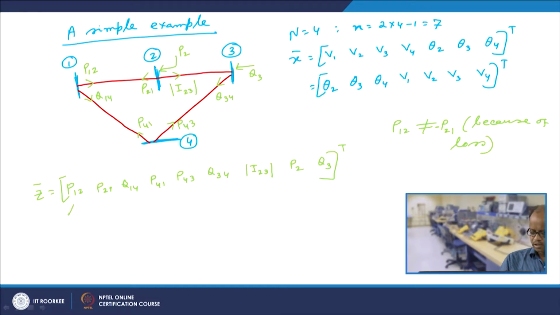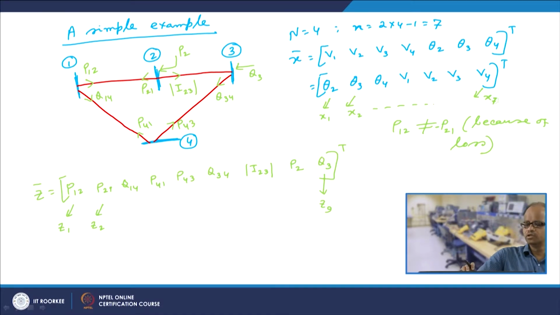Here we say that this is Z1, this is Z2 and so on, this is Z9, and this is X1, this is X2 and so on, this is X7.